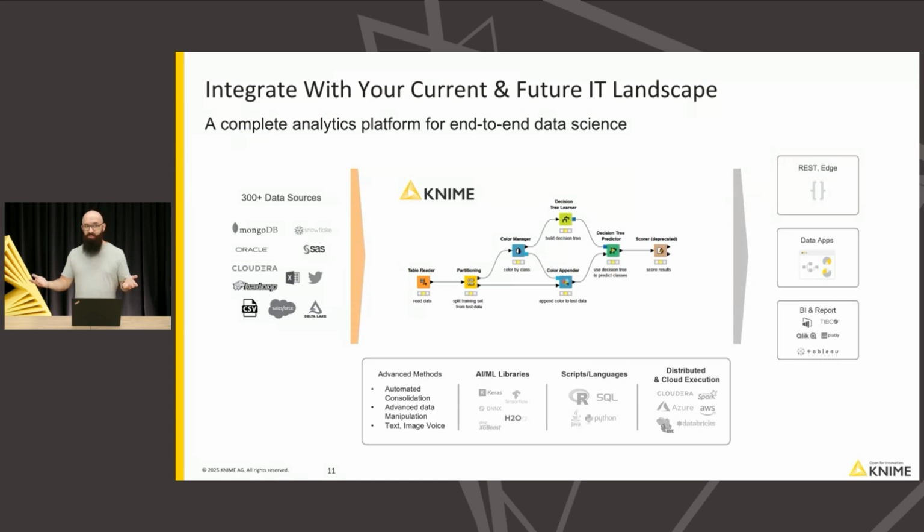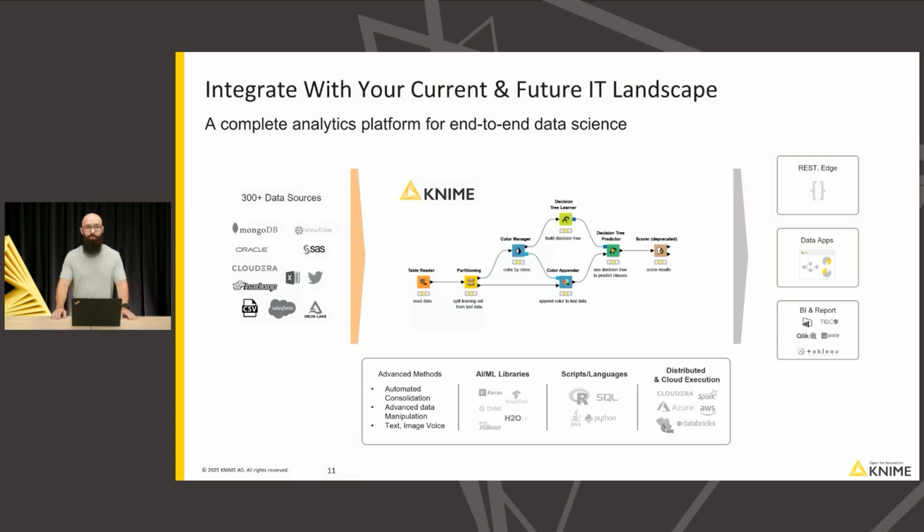Or deploy it as a service to, for example, Community Hub as a data app. A data app is really just a website that is powered by a workflow in the background. Or deploy it maybe to Power BI to display it there, because you might want to build and manage your dashboards in Power BI.